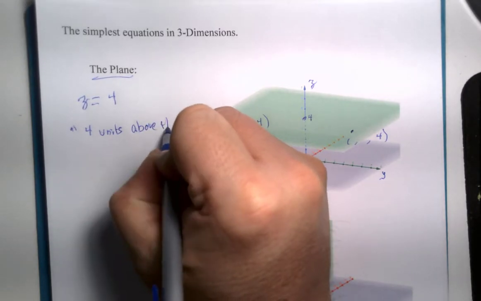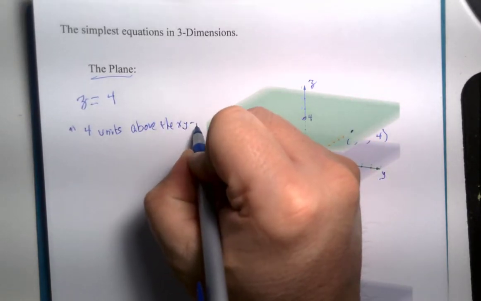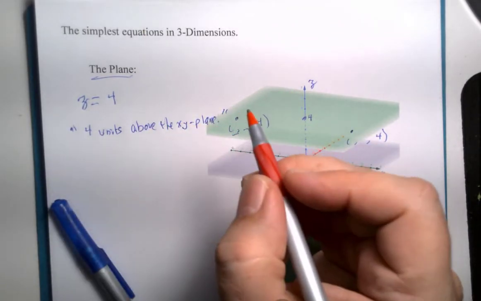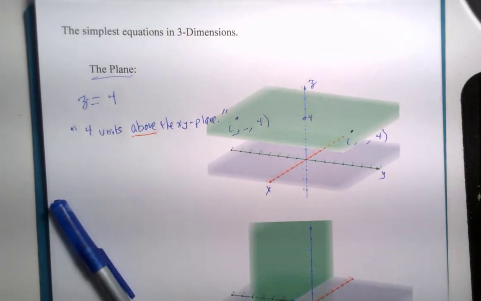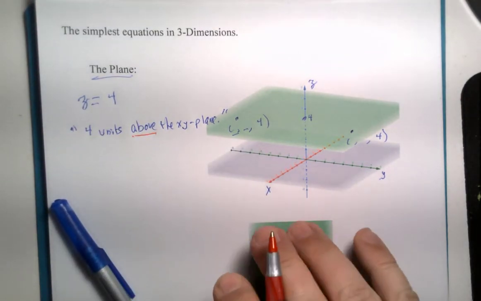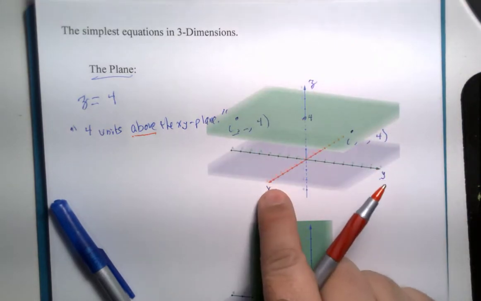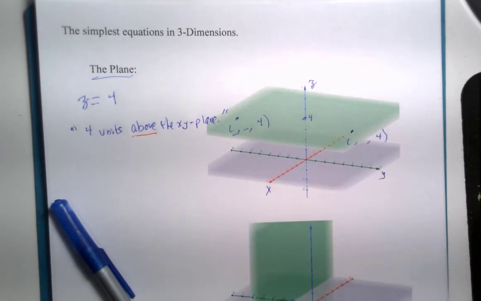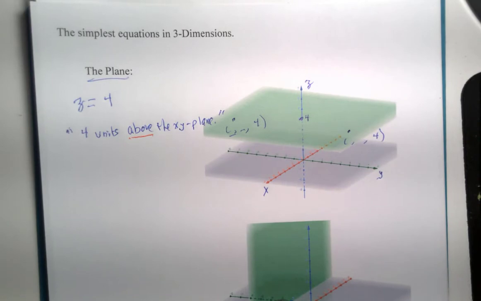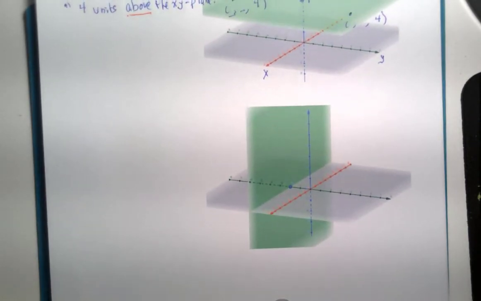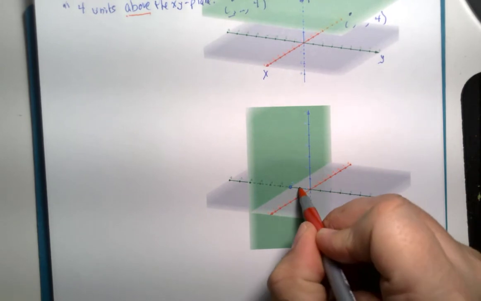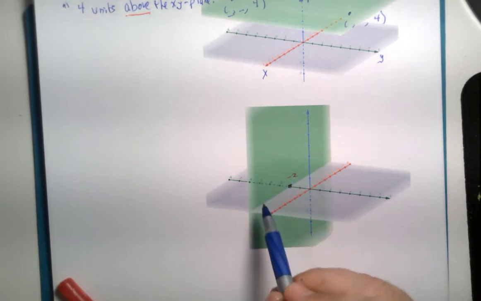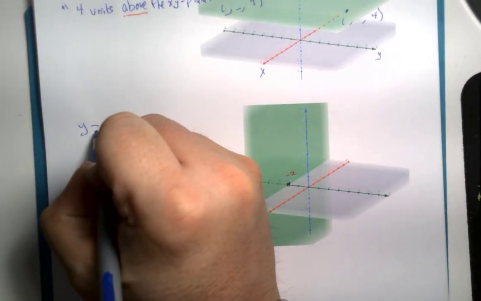above the xy plane. The problem with that type of description, the word above here, is it's only above, upwards, because the x and y are down here. If the x and y were labeled in a different place, it may not be above, so you have to be careful with that. This plane here is where y is -2, and every point on this green plane has y values that are -2.